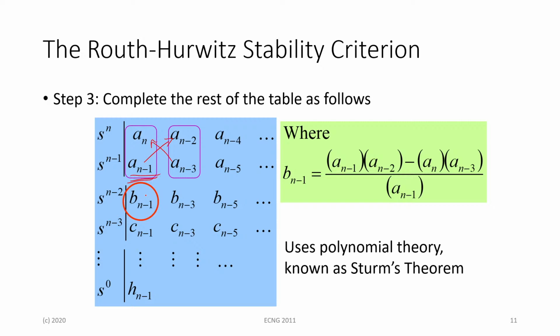Mapping that to what we just drew on the slide, a_{n-1} and a_{n-2} is just a cross multiplication. Then we minus the next cross multiplication, which is a_{n-3} by a_n. And then we divide by our start point, which is a_{n-1}.